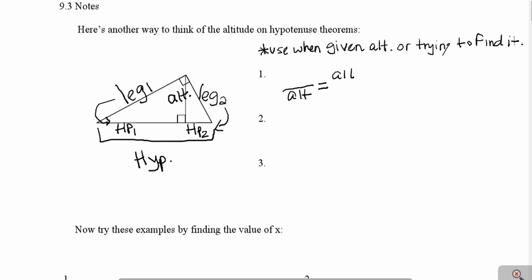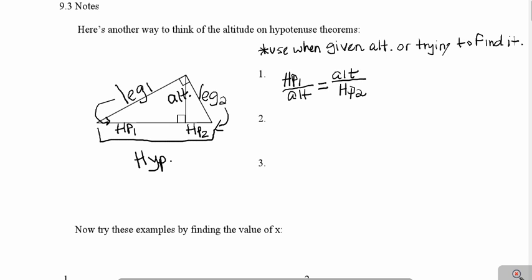You're going to put that in your means position of your proportion. So the altitude would go in your means. Then in your extremes, you're going to put the two hypotenuse pieces, so hypotenuse part 1 and hypotenuse part 2. And then you're going to go ahead and cross multiply and solve it. So you use this type of proportion when you're either given the altitude or you're trying to find it.